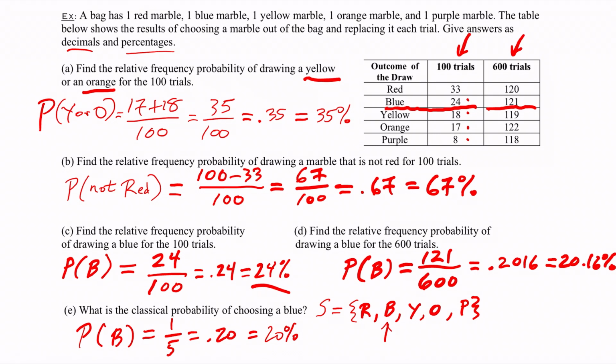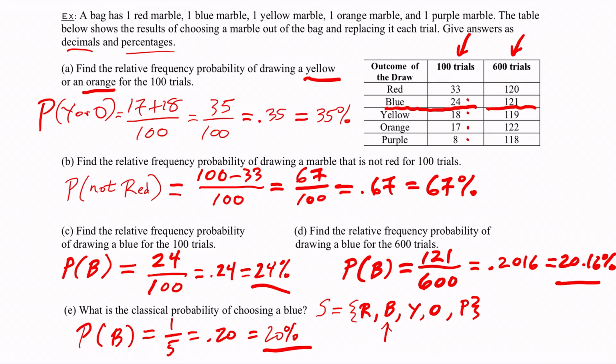When we performed the experiment 600 times, we had a 20.16% probability of picking a blue. But then the classical probability of picking a blue we saw was 20%. So what is accounting for this difference in all the probabilities associated with this one particular event?